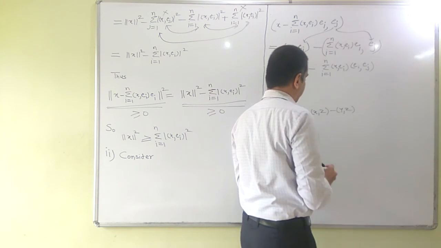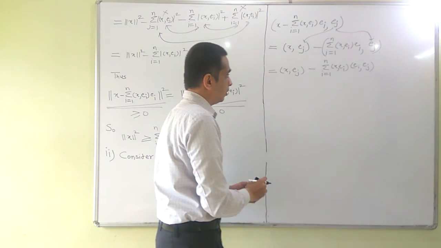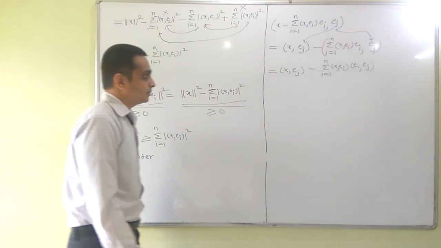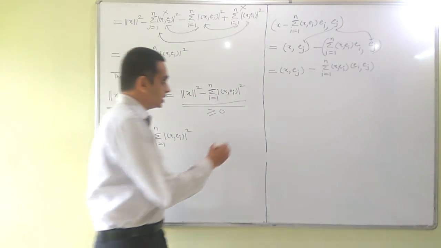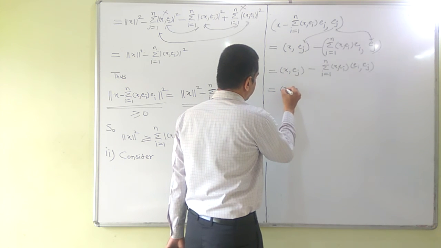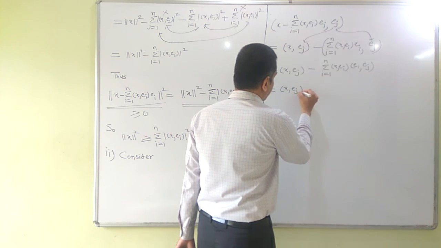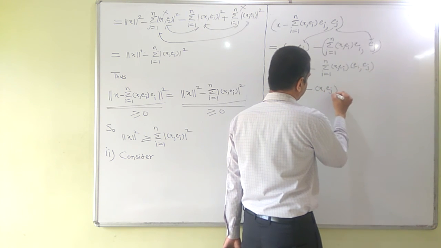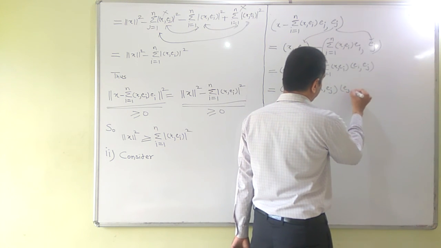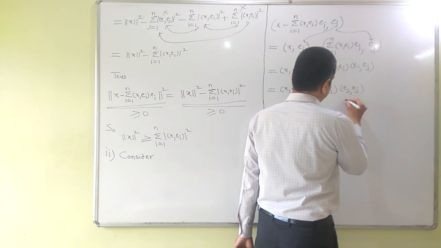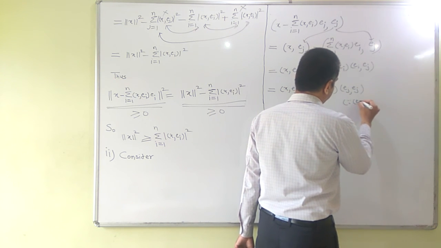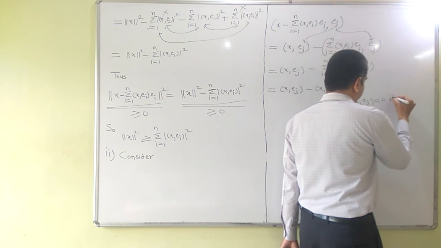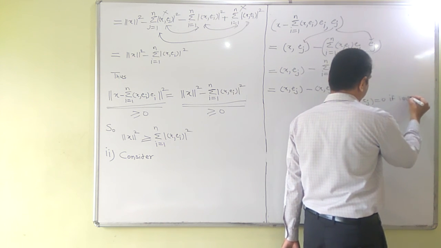But we know that this is an orthonormal set, so all terms in this expression will be 0 except when i equals j. So this is equal to the inner product of x, e_j minus only one term that is non-zero, when i is equal to j, since the inner product of e_i and e_j is 0 if i is not equal to j.